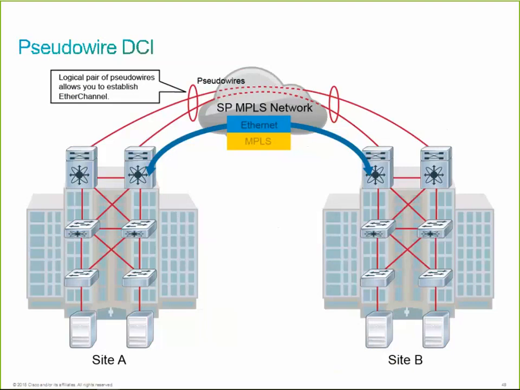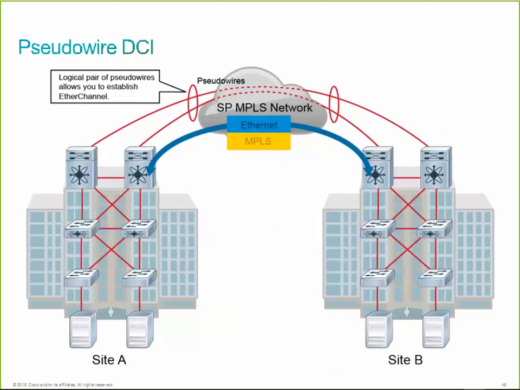But the problem with dark fiber is it's expensive, right? And also it's not as widely available, right? It has range limits. There's a whole bunch of different limitations to dark fiber. So service providers offer kind of this more practical option, which addresses all of those different concerns, right? Range limits, expense, availability, and so on. And it's called a Pseudowire.